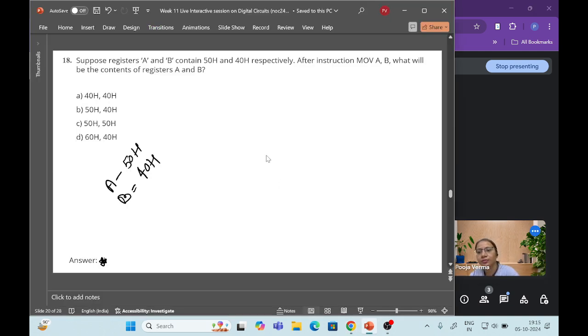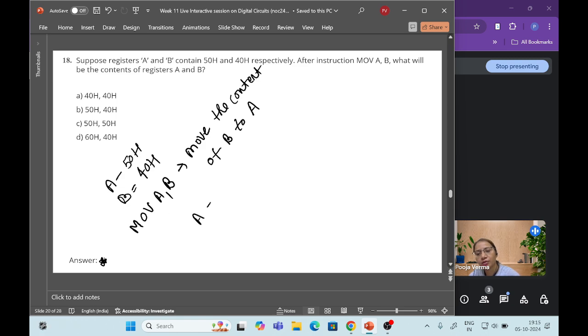Yeah, right, Abhijit. So MOV A, B, what will it do? It moves the content of B to A. Means the content in B is moved to A. So now in the accumulator it is 40H.